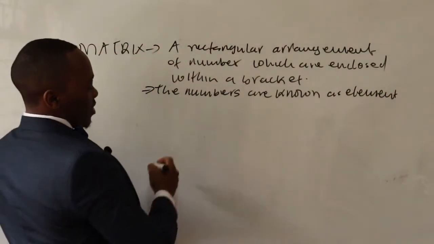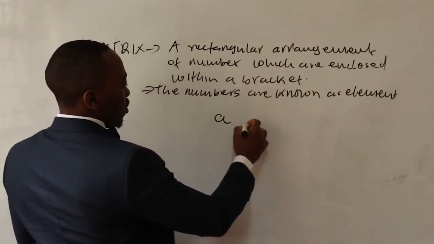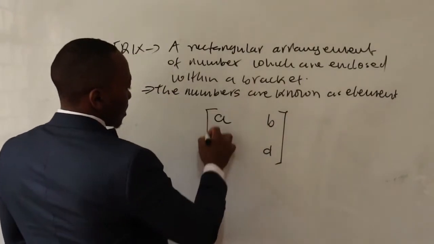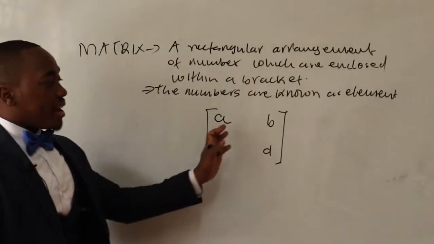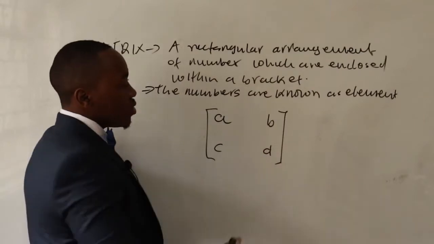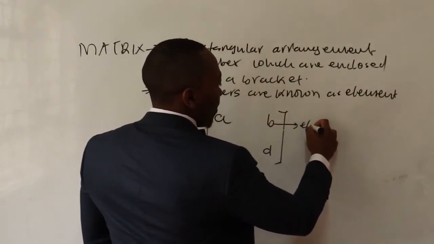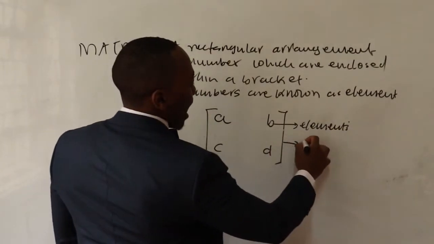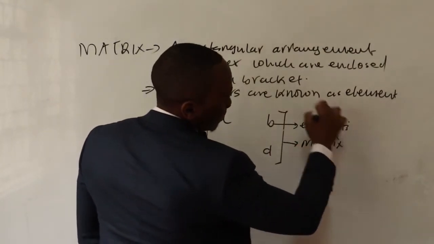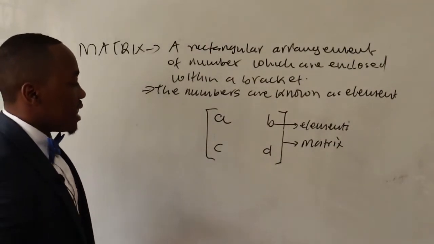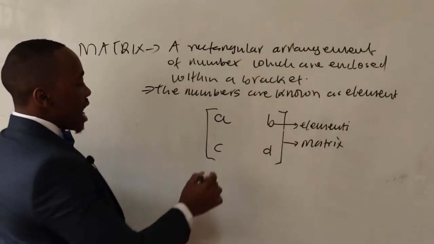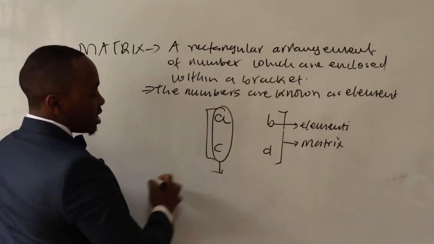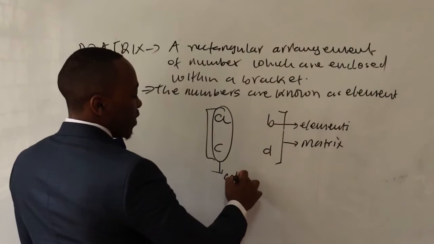So, for example, let me give you an example of a matrix. Assume we have A, B, C, and D. That's what we call a matrix. Under the matrix, we have the numbers, and those numbers are what we call the elements. Under this matrix, the vertical arrangement of numbers is what we call a column.